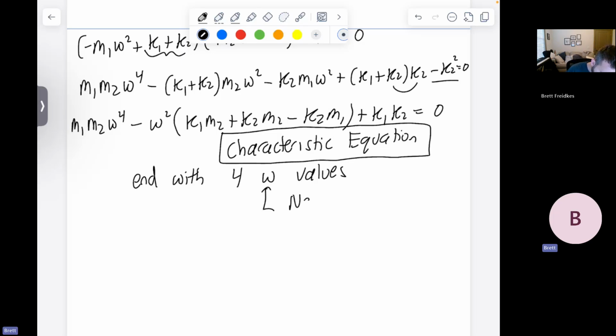These are the natural frequencies of the system. So I'm going to do an example with numbers in a second so that we can derive some things. We can find what the omegas are given different masses or different stiffnesses.